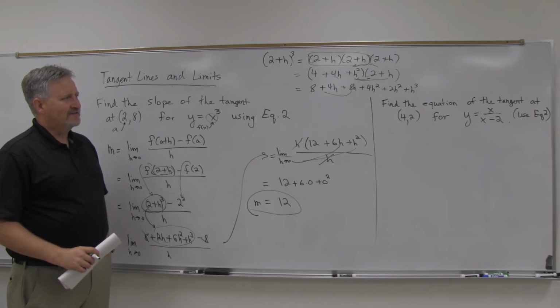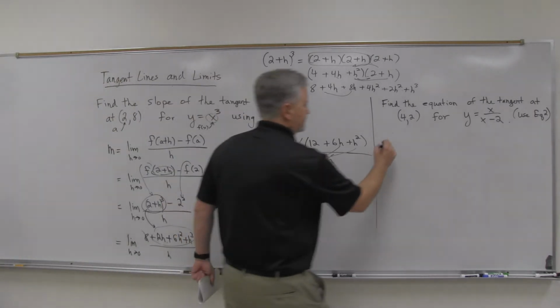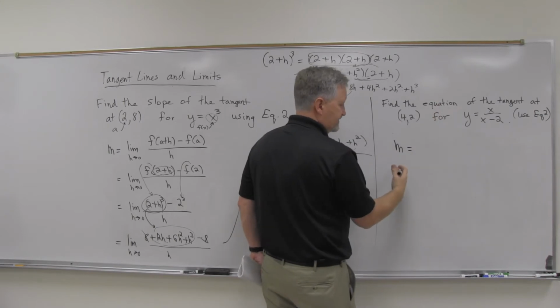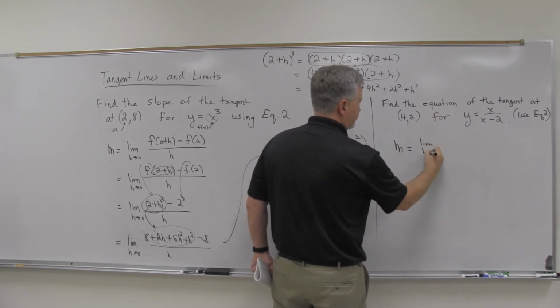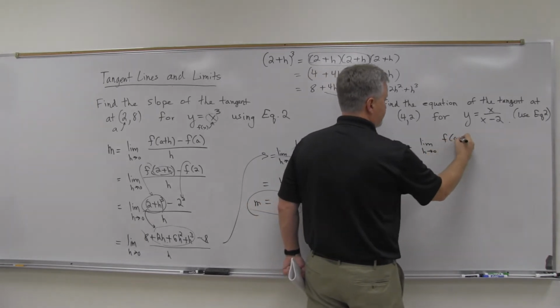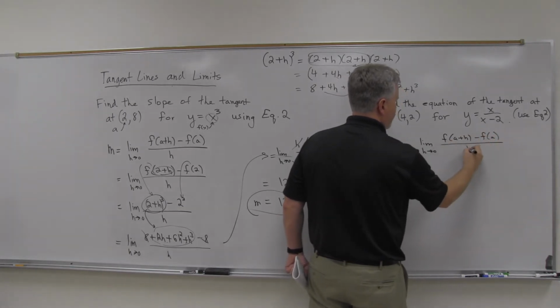All right, well, how does it work here? So the slope, if we want to find the equation of the tangent, we've got to start with the slope of the tangent, which is, using equation 2, the limit as h approaches 0 of f of a plus h minus f of a over h.